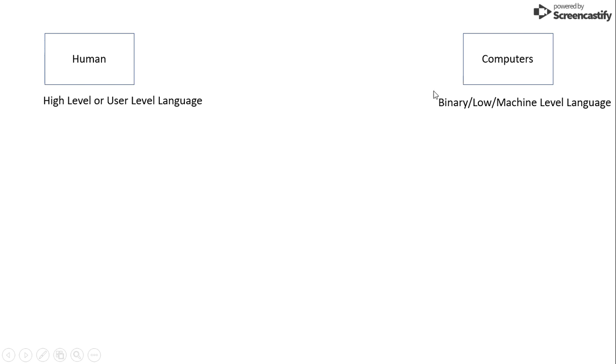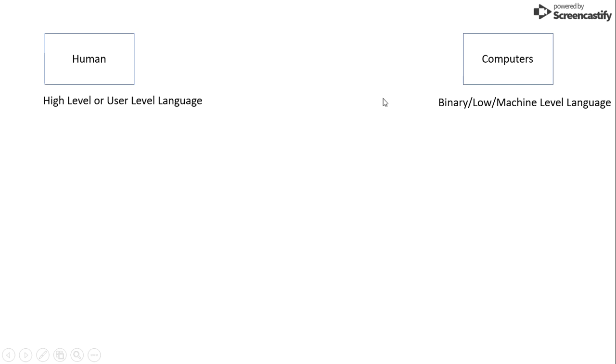To understand this better, let's say I only know English, and the YouTube viewers only understand Hindi. Then we won't be able to communicate with each other. To remove this gap, we might call a third person who is able to translate my English to Hindi and vice versa, so that my viewers and I can interact with each other.